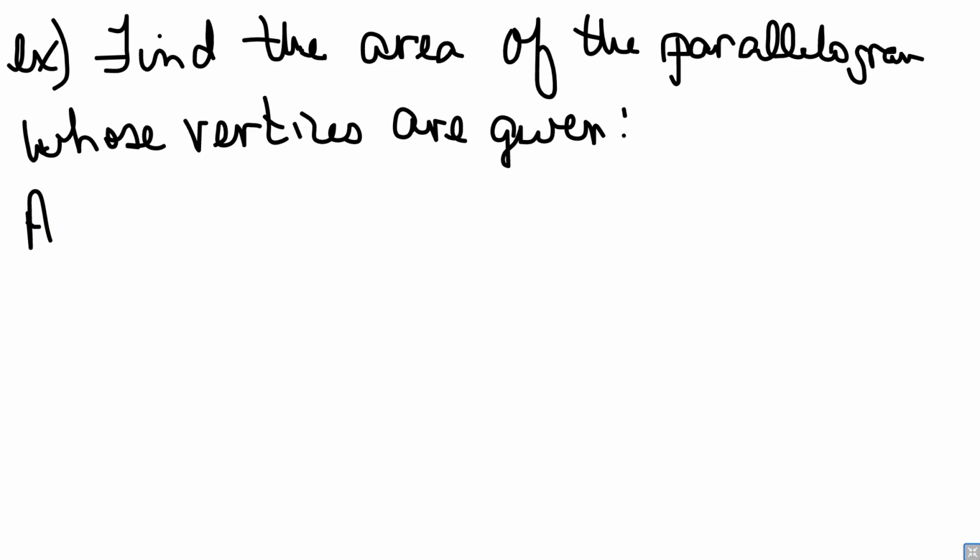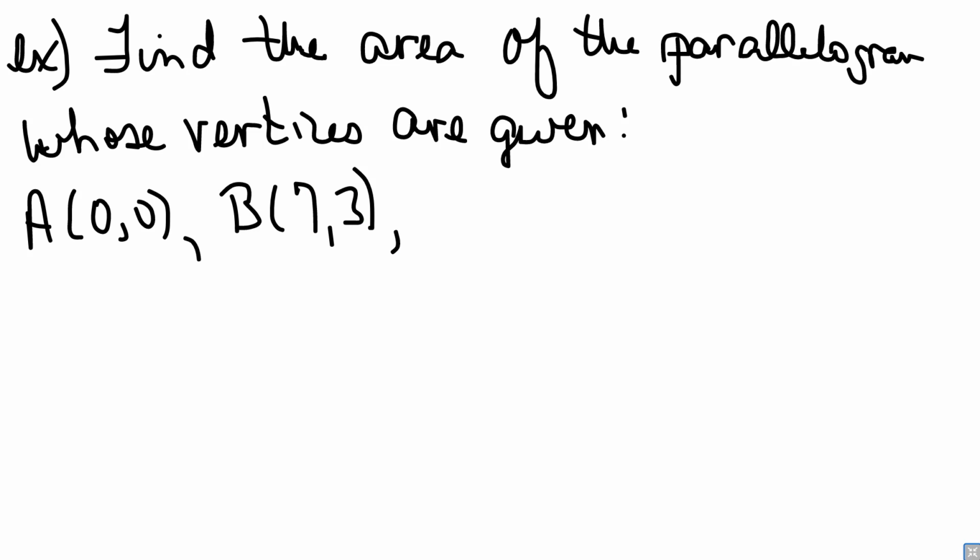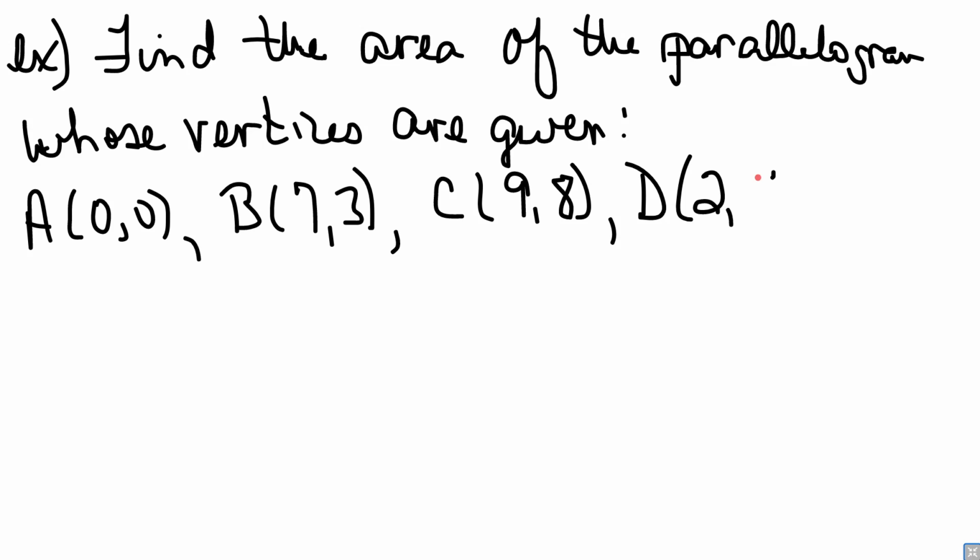So we have A at 0, 0, B at 7, 3, C at 9, 8, and D at 2, 5. So basically, this is looking something like this.